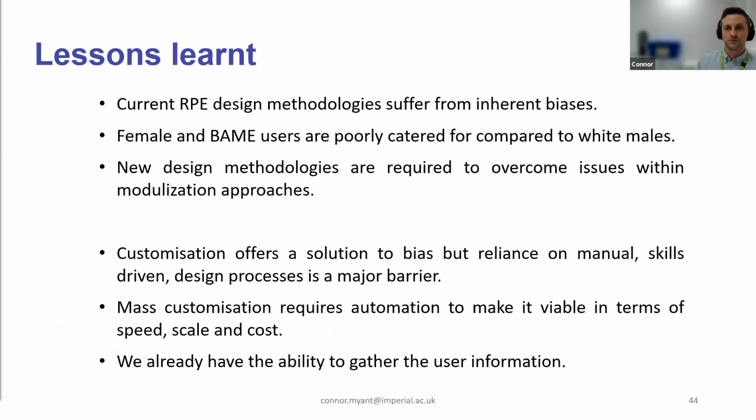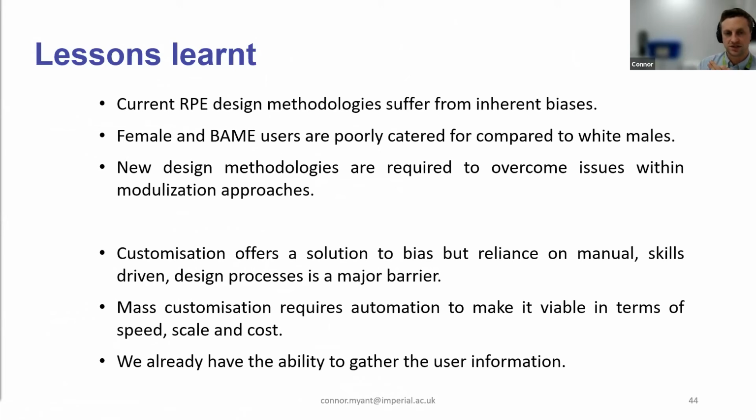What did we learn from this process? The current methodologies suffer from inherent biases, and that was the biggest finding that we had, looking at the different audits and survey statistics that are out there: that female and BAME users are poorly catered for compared to white males, and that a new design methodology is required to overcome issues that are inherent in this modularization approach, and that customization offers a solution, but it is reliant on a manual, skills-driven design process.